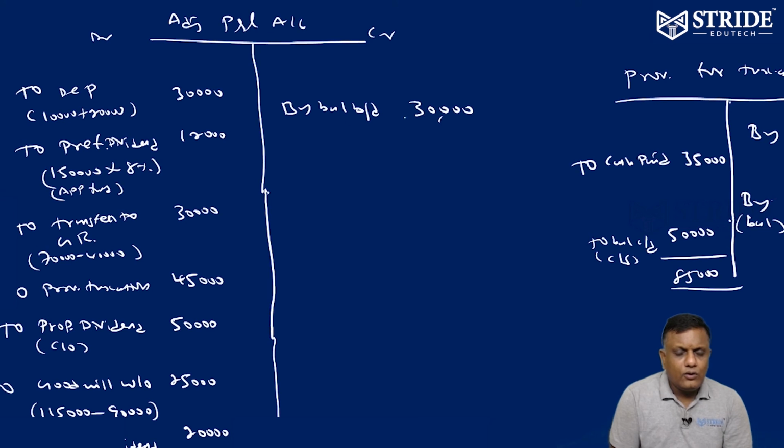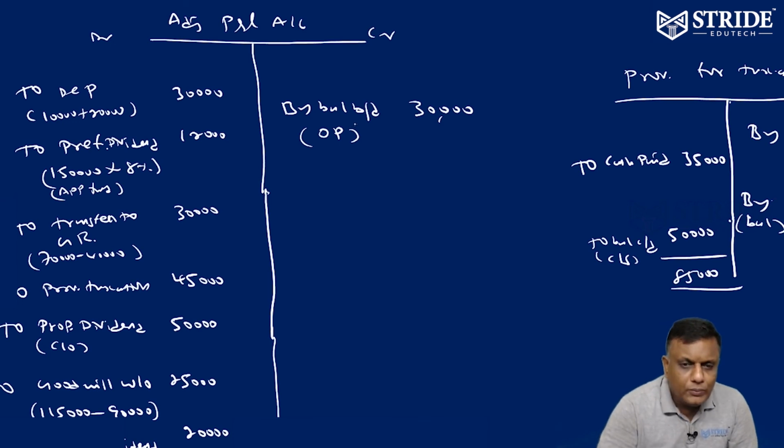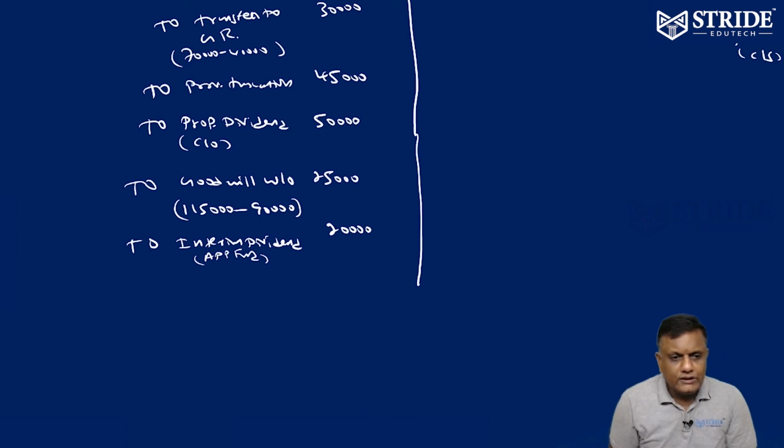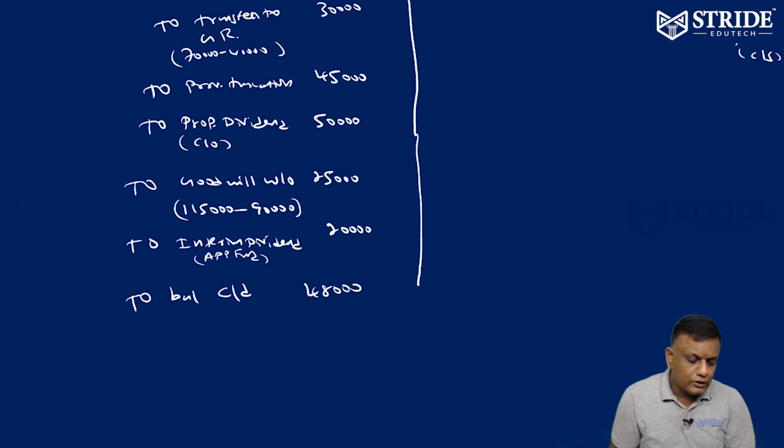See, in the balance sheet opening is given, that is equivalent to 30,000. Closing also given, 48,000. I think everything we posted.